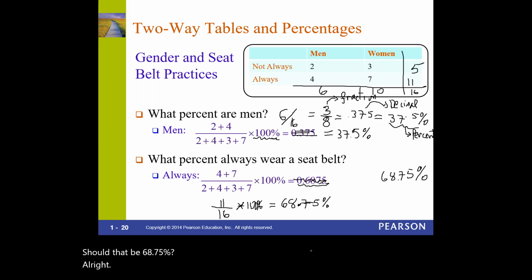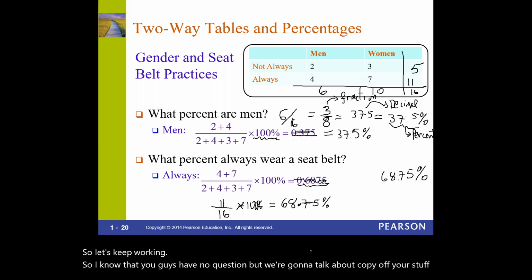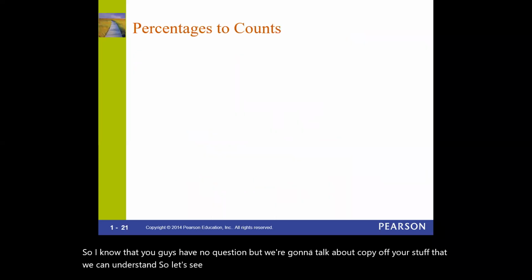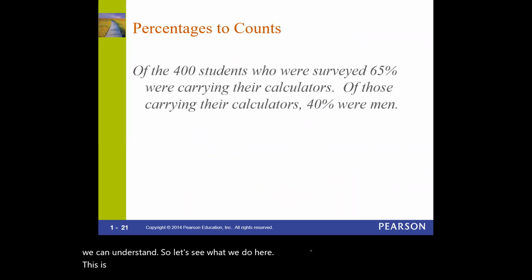So let's keep walking. I know you guys have no questions, but we're going to talk about a couple of things so we can understand. This is an example, just to get you off the idea of men and women.